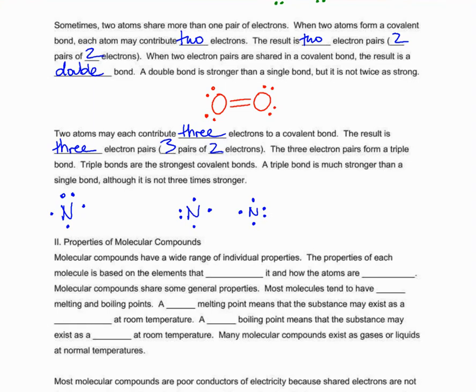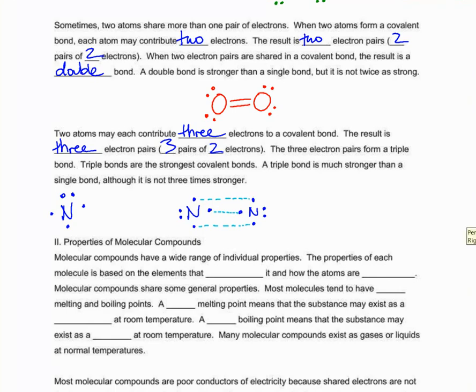And so this one has 5 and it wants 3 more. This other one has 5 and it wants 3 more. So these 2 atoms will start sharing this pair. Now they both think that they have 6. They're going to start sharing this pair. Now they both think they have 7. And sharing this pair makes 8.